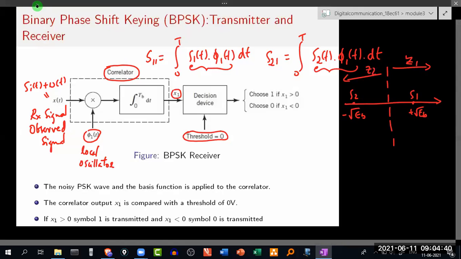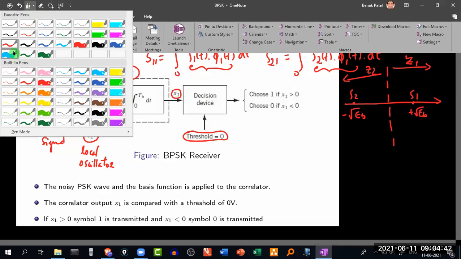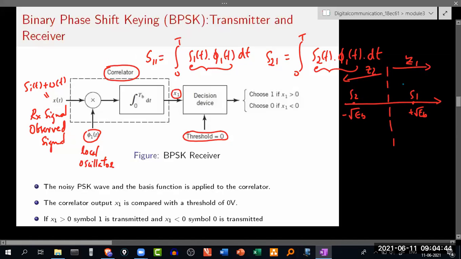So let's say my observed point x1 over here, by some means falls in this Z2 region, then what should I do? I got to pass that information onto this decision device, where the threshold value is 0, because this 0 right now acts like a decision boundary.